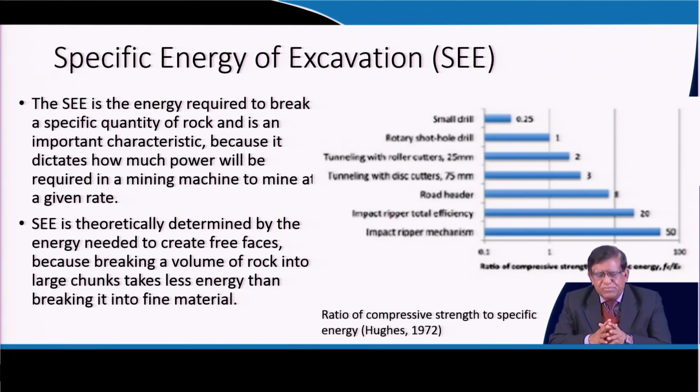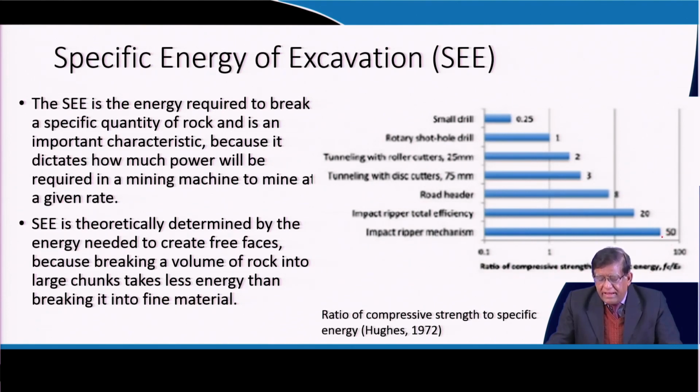It was found that for a small drill, the ratio of compressive strength to specific energy is within 0.25. But when there is an impact ripper mechanism, a ripper with an impactor, which nowadays is also used for vertical ripping in hard stone quarries, the ratio of compressive strength to specific energy is very high.